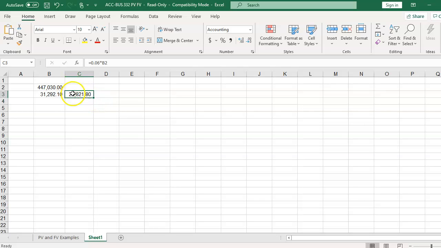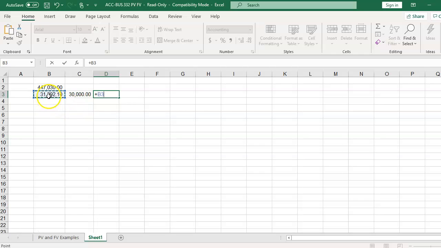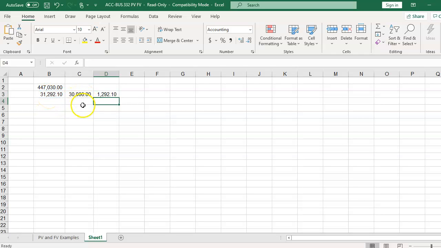I'm sorry, that has to go by 500,000, my bad. Okay, so I take the difference, and that's my amortization. So the market rate times the book value, minus the stated rate times the principal, the difference between those two is my amortization. So 1,292 becomes my amortization on July 1.